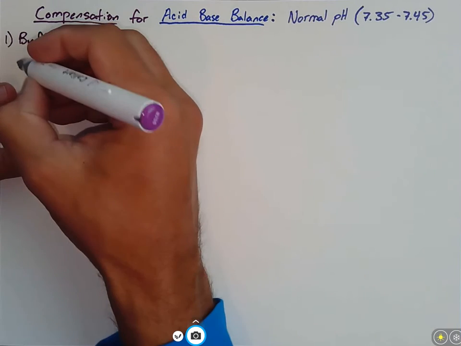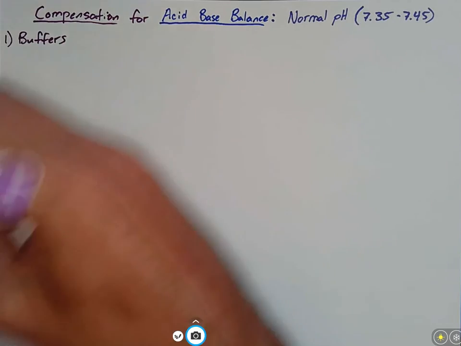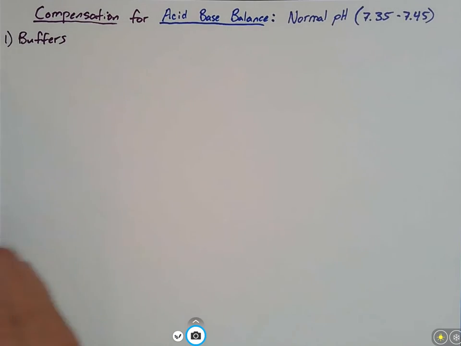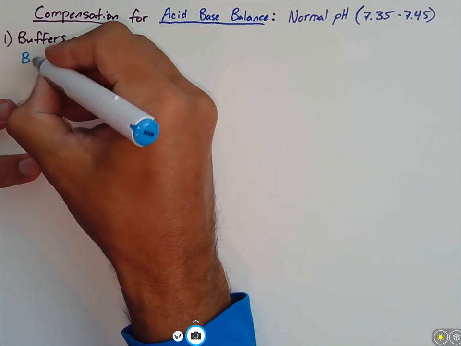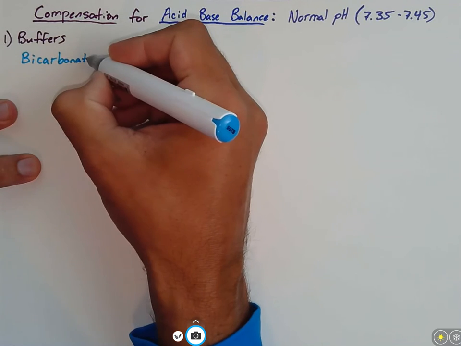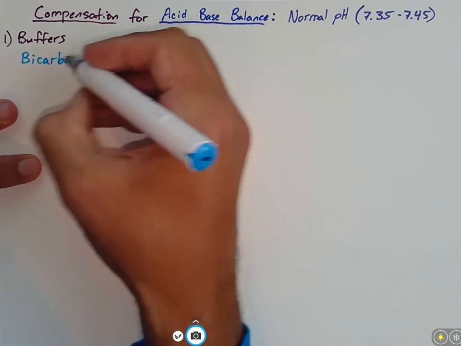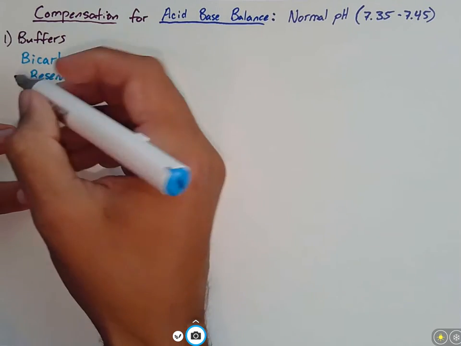So let's say we have a bicarbonate reserve, and actually let's use a different color because I can and I like colors. So let's say we have a bicarbonate reserve, which is just hanging out in the bloodstream, right? And what do we have? We have bicarb.